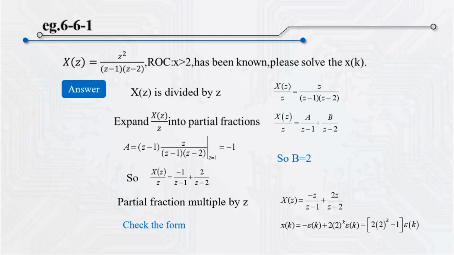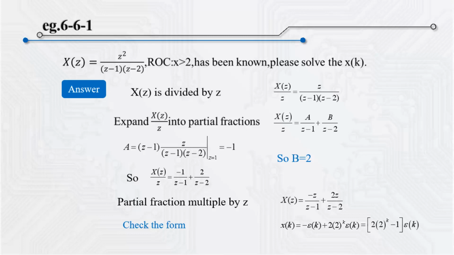Then we go through specific calculations. You can see that its specific value is minus 1. Similarly, we can take the second expression. The expansion coefficient is solved and B is equal to 2. So the expansion finally expands to the sum of these two partial fractions. In the end, we multiply both sides of this expansion by z and organize.